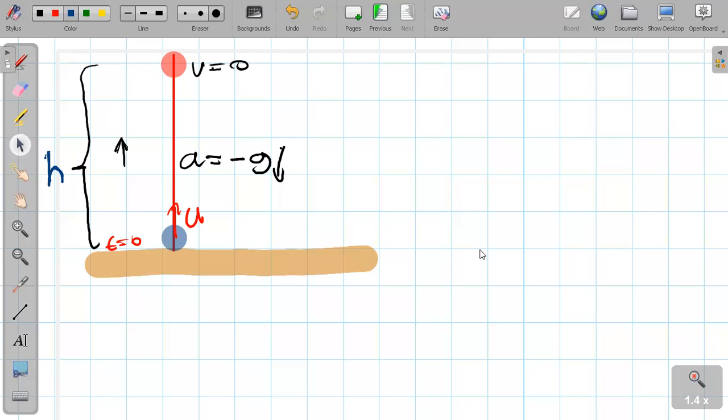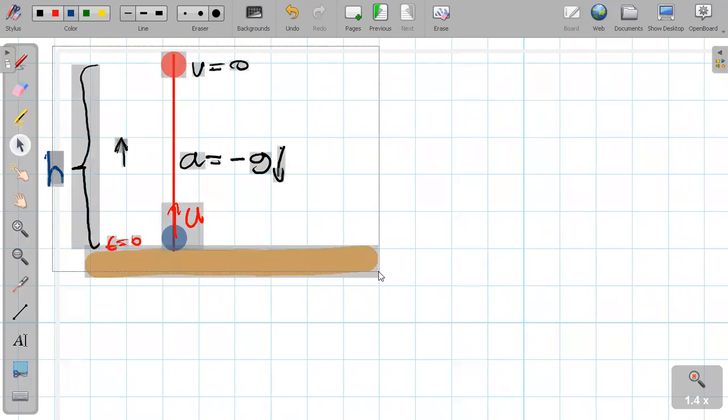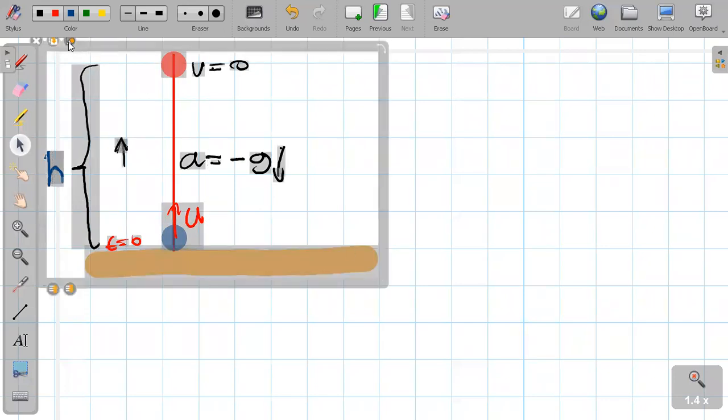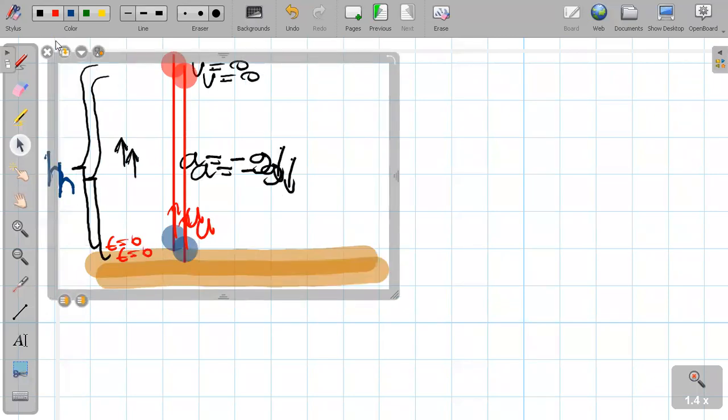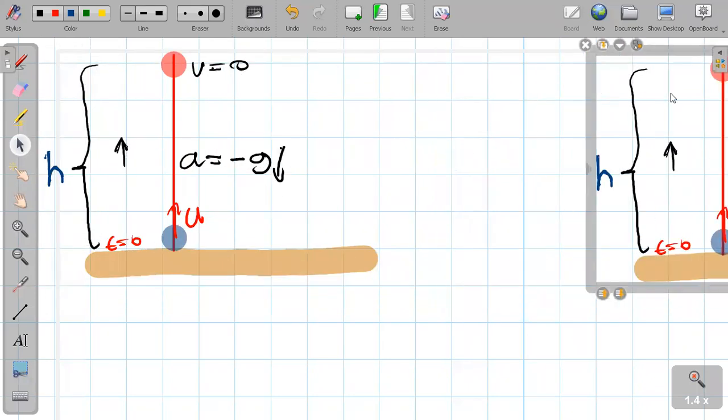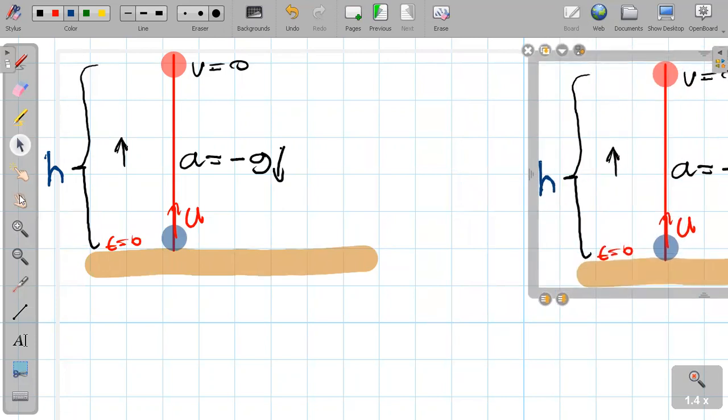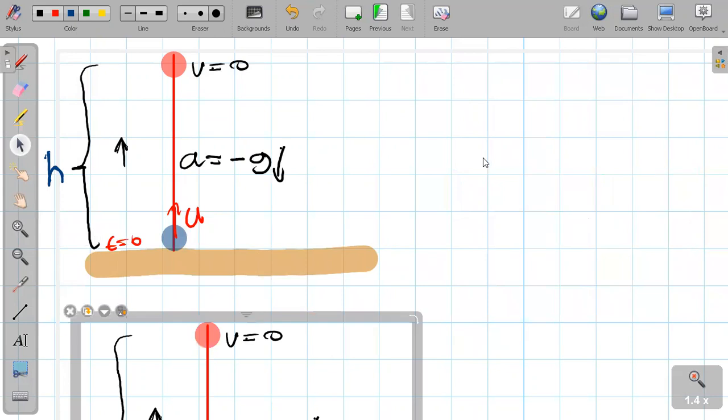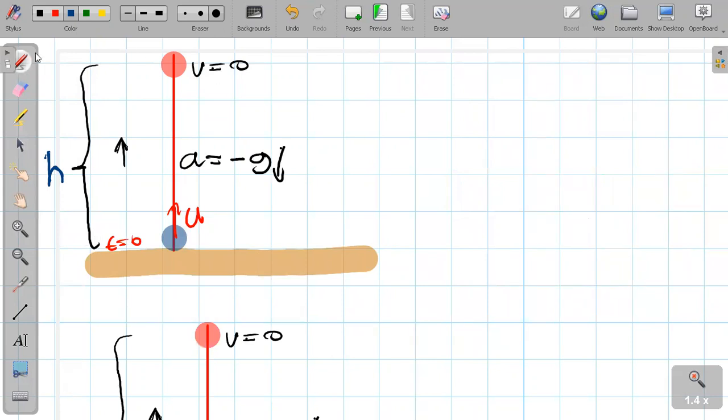Write the first result that we can obtain from this one. I'll make a small image of this to carry everywhere. Okay. The first one is going to be what? Finding the time taken to reach the maximum height.